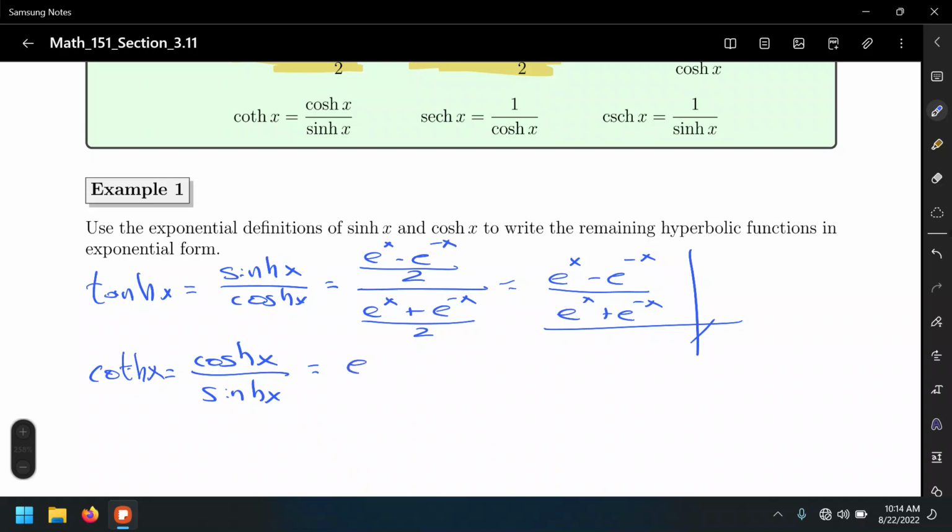All we can do is simply write the reciprocal of this.